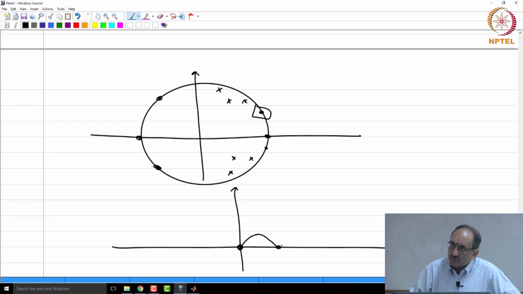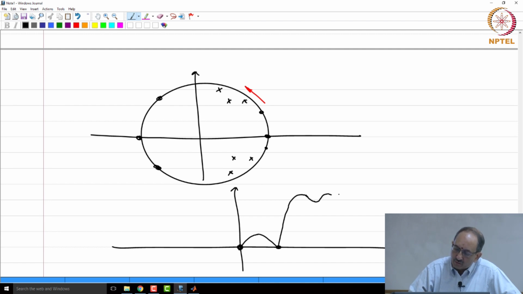Then when you hit this zero, the response will be precisely 0, and then when you go past this zero, when you are in this region where the poles are, the response will begin to rise, and then when you are near this pole, you will have a bump, and then when you go past this pole, the response will dip, and then we are going to be close to this.